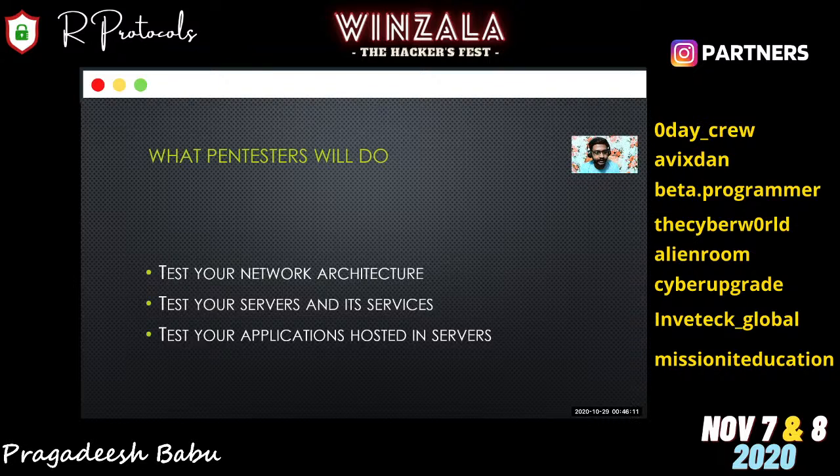If it is a web server, we will look out for any open or suspicious ports, try to find them, try to exploit them, and report it. The next thing is applications hosted in the servers. Same as I said, for web applications hosted in the servers, we'll scan them, find the exploits, and report them.